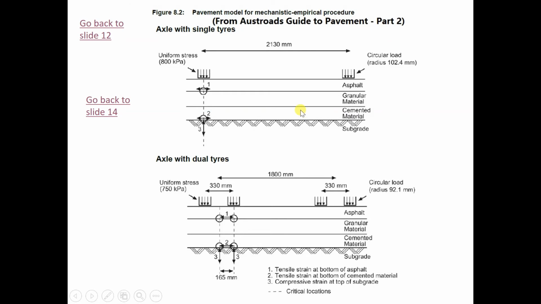We could consider that as well, because the software does provide that flexibility. But normally for the mechanistic approach, we do allow the inclusion of cemented materials, because usually for the higher standard roads we need to have a bound layer or cemented layer, or sometimes we have the deep strength, the full depth pavement. So this one is for axle with single tire, axle with dual tires.